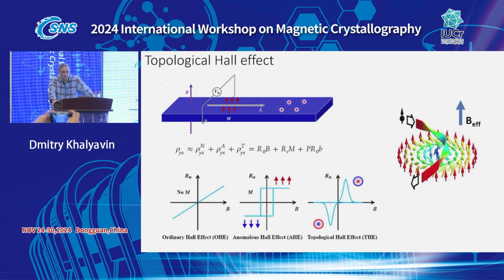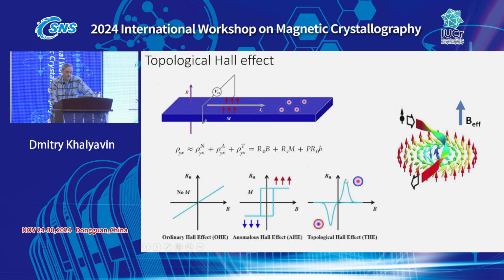There is also the anomalous Hall effect, which is observed in materials with a spontaneous ferromagnetic component. Usually as a function of field it follows the field dependence of magnetization, so it shows hysteresis. On top of that, if we have a skyrmion lattice, we will have another contribution to the Hall effect, which is called the topological Hall effect.